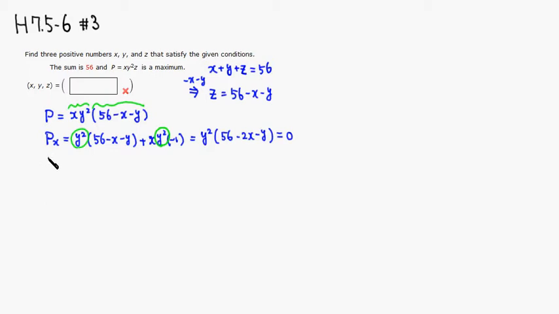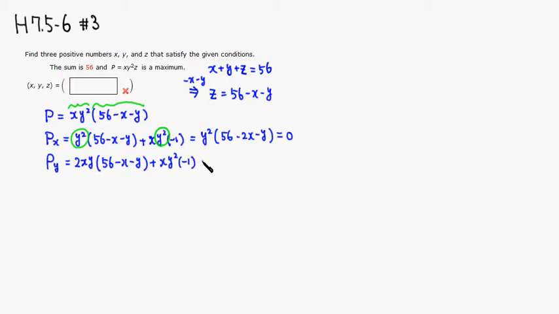Then we take the partial with respect to y. The derivative gives 2xy times the second, 56 minus x minus y, plus the first, xy squared, times the partial of the second with respect to y, which is negative 1 again.